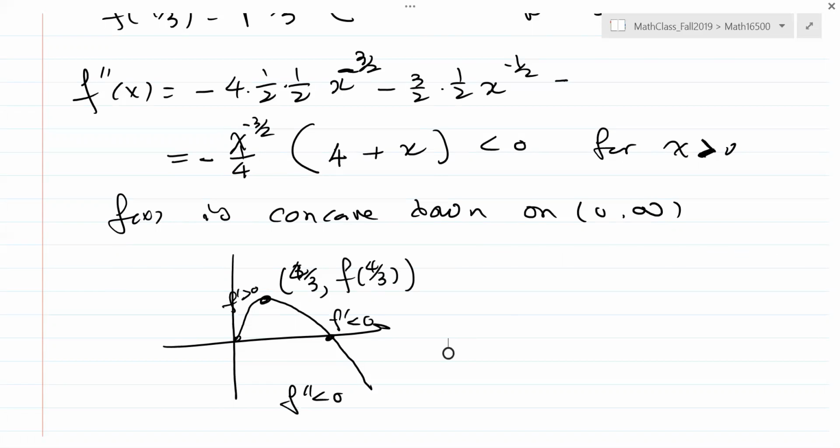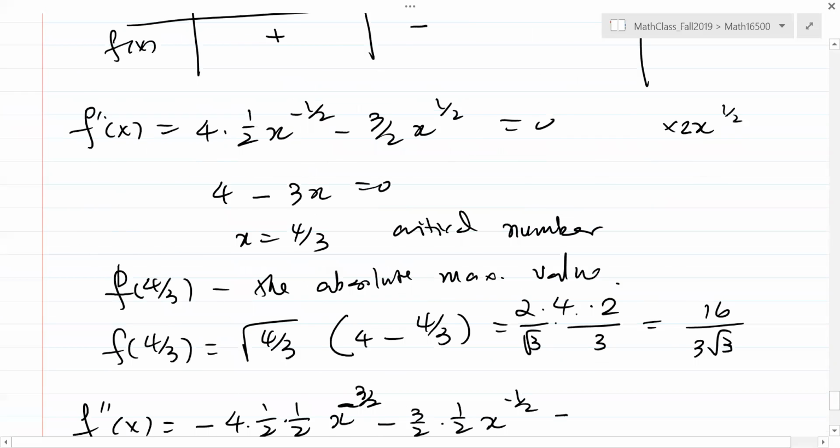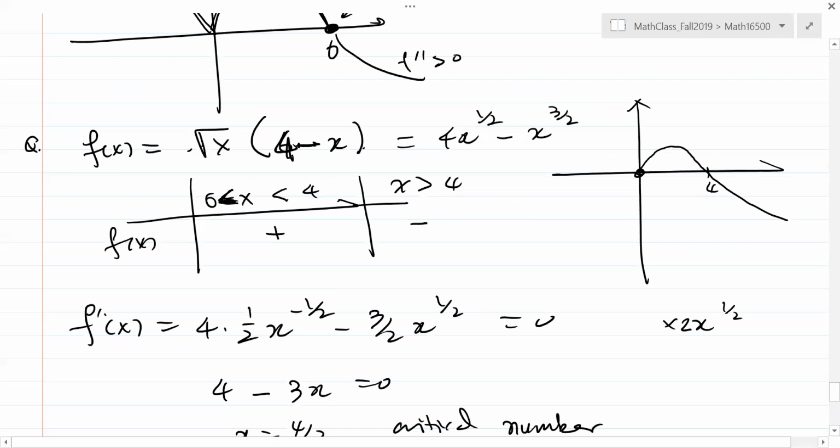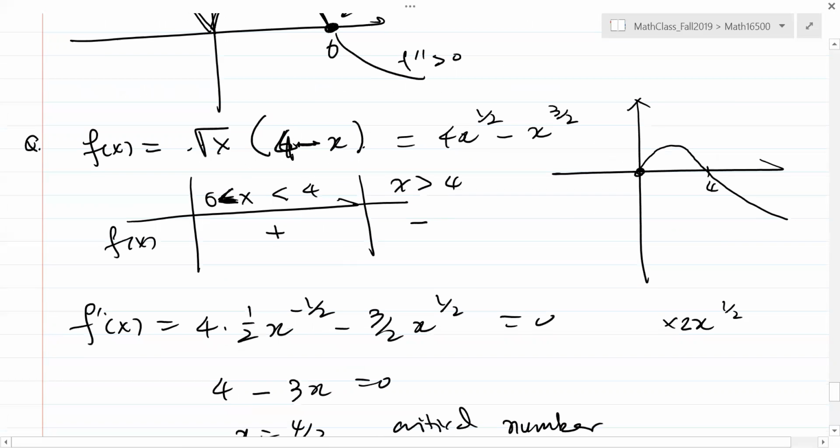All right, so let's go over this problem quickly. If you are given a function like that, what is the first thing you have to do? Sketch the graph without finding the derivative. Do your best to do that. At least you can tell where the zeros are, which part is above the x-axis, and which part is below the x-axis. Then I get a graph like that.